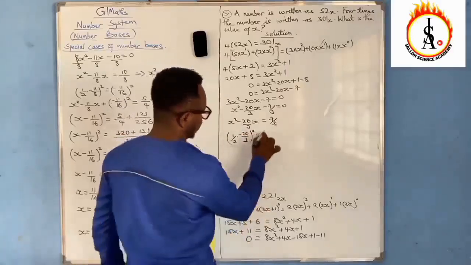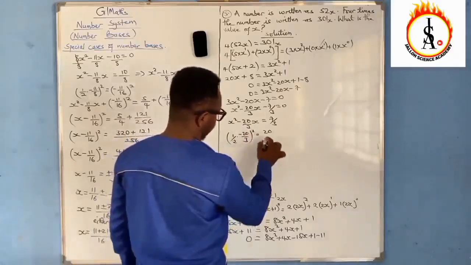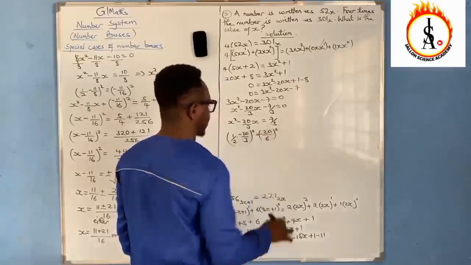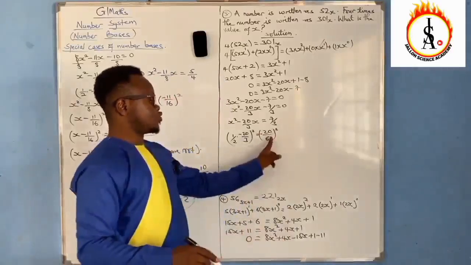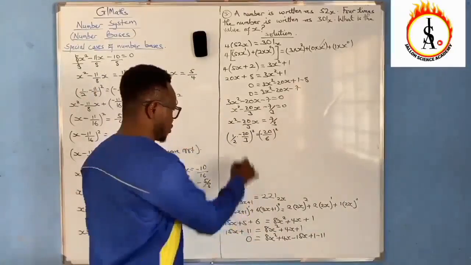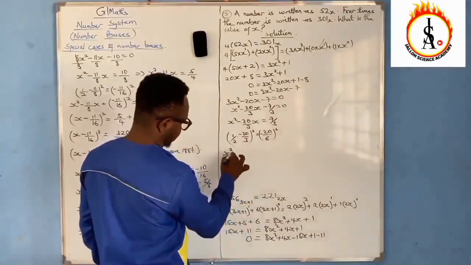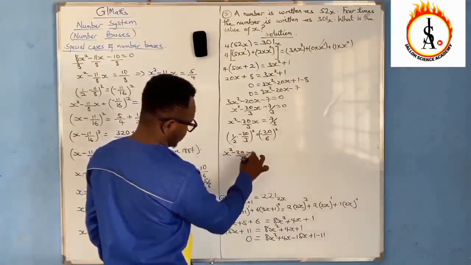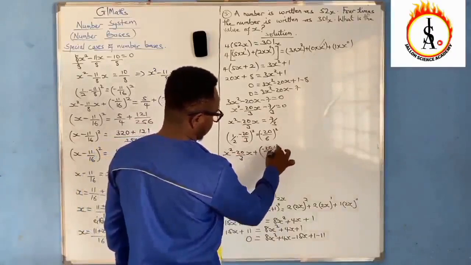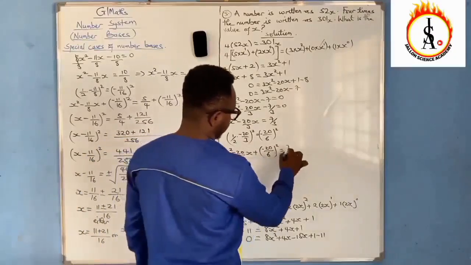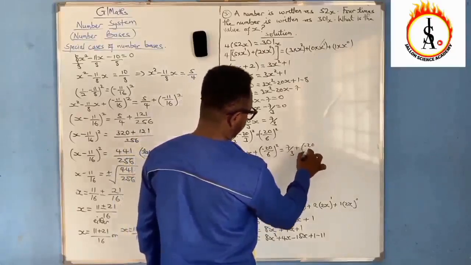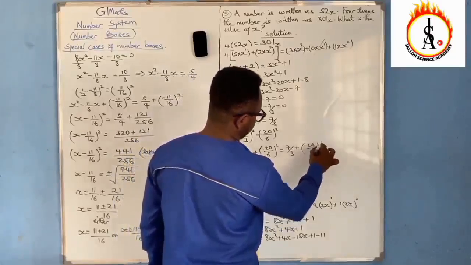So 1 multiplied by 20 is 20, 2 by 3 is 6, and don't lose sight of the negative sign. You square it. So this is what we are going to add to both the left and the right hand side of this equation. So we first of all add it to the left, x squared minus 20 upon 3x plus negative 20 upon 6 squared is equal to 7 upon 3 plus negative 20 upon 6 squared.